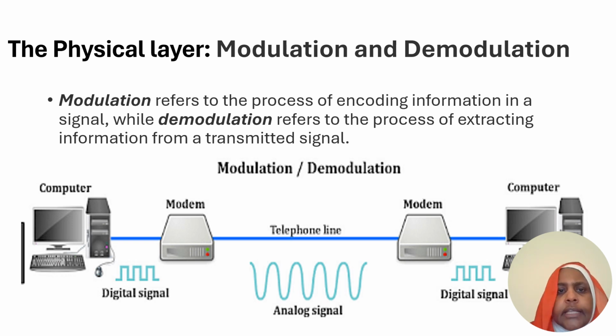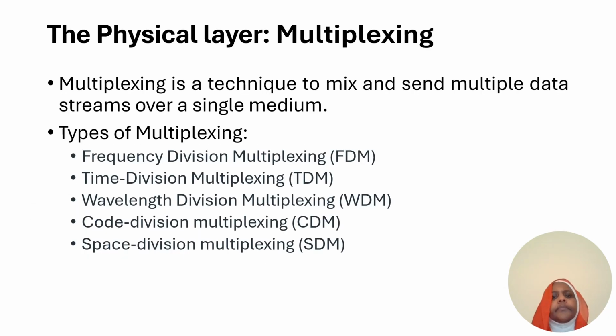Modulation and demodulation are the processes of converting digital signals into analog signals at the source, and analog signals to digital signals at the destination. While multiplexing is a technique to mix and send multiple data streams over a single medium.